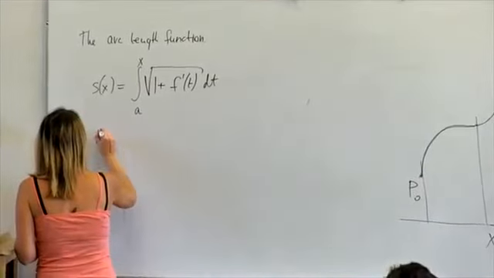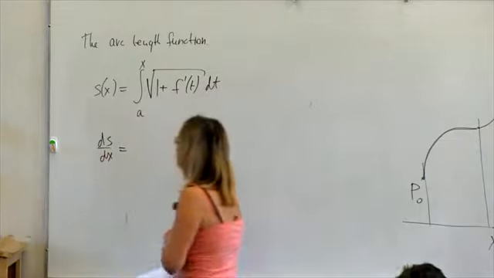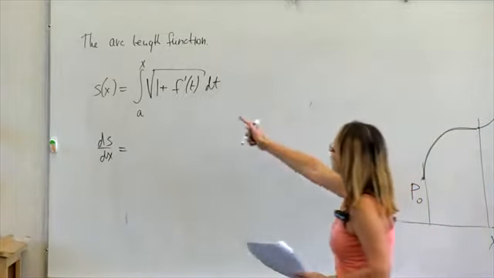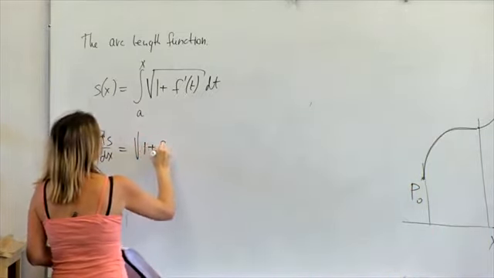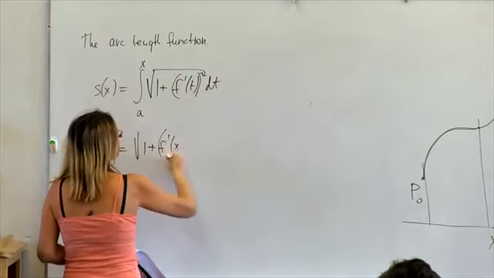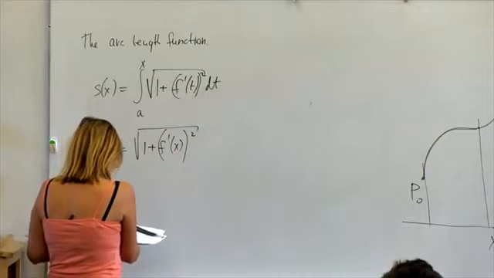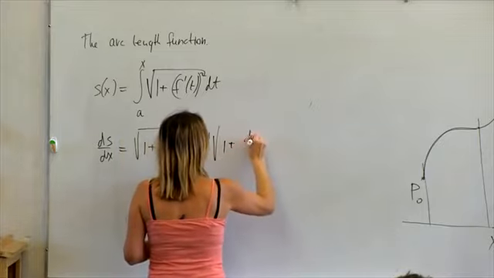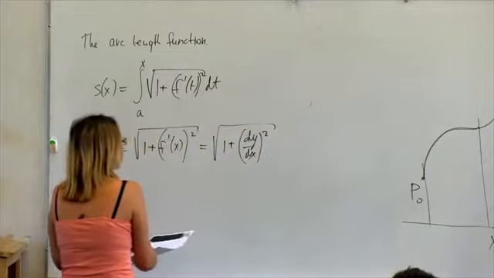We can use the fundamental theorem of calculus to calculate the derivative of this function with respect to x. And you can see that straight from that theorem, it gives me this squared, or we can say that it's 1 plus (dy/dx) squared.